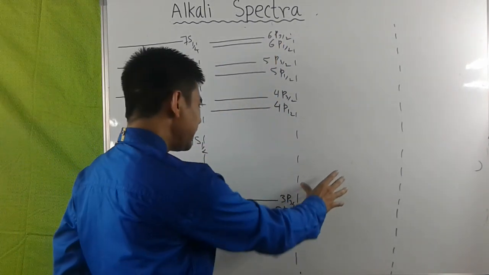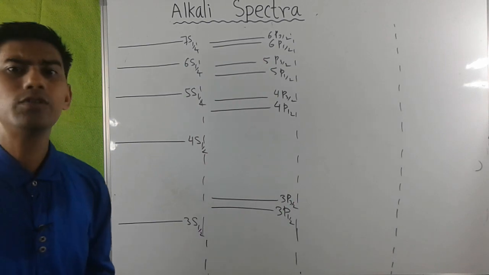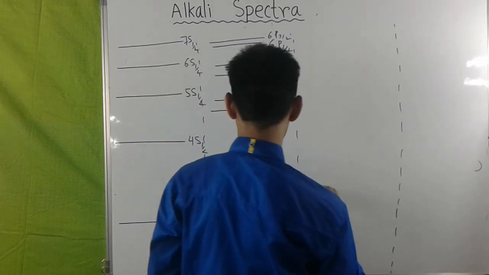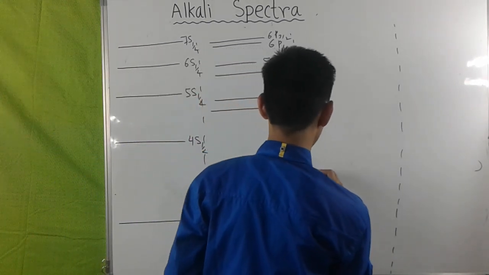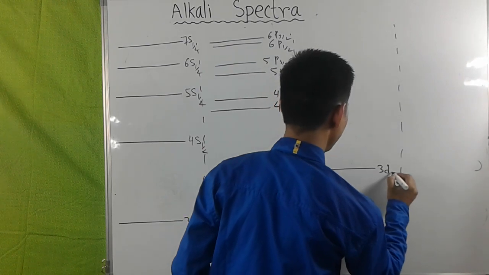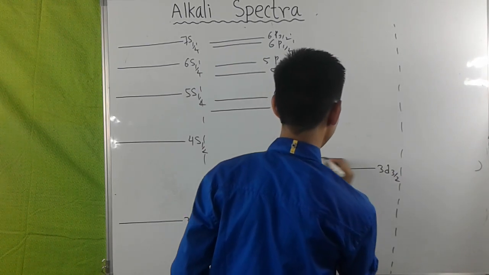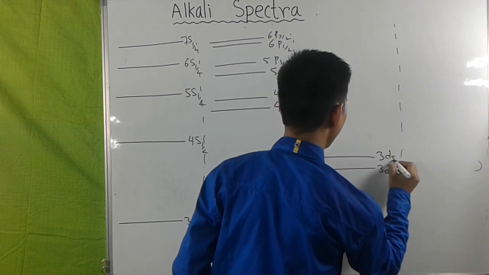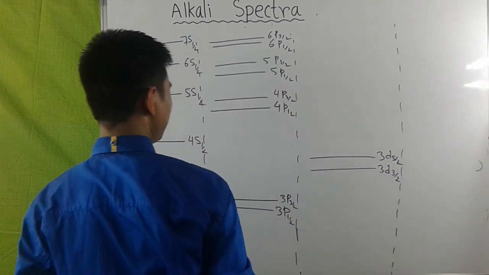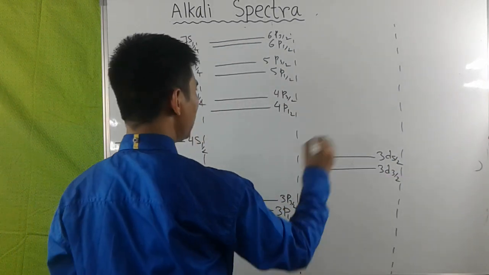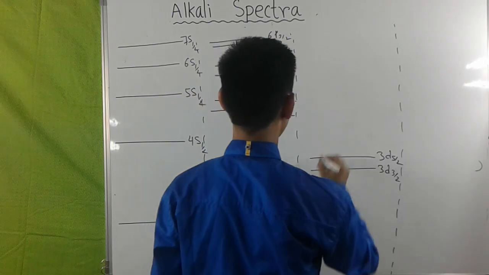Now the 3D energy levels are also divided into two sublevels. Suppose this is the 3D 3/2 level and this is the 3D 5/2 level, and the 4D level is also divided into two sublevels.